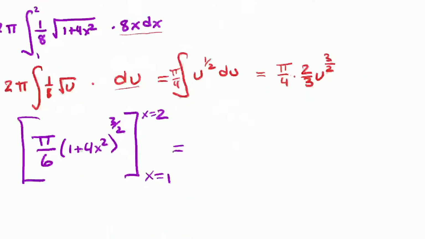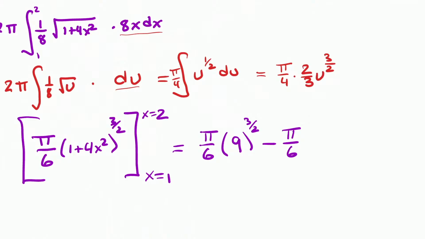Okay, so let's do the rest of this. We've got pi over 6 times, let's see, when I plug 2 into that, 1 plus 4 times 4 is 9. I better write it out. That's going to be 9. Isn't that convenient to the 3/2? Oh, and not so convenient with the lower limit.